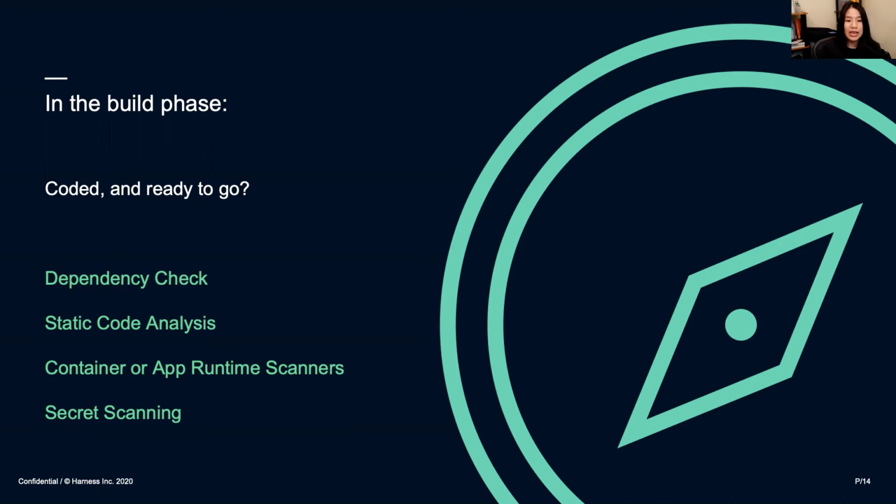There are also scanners after you've built the package, the code and packaged it. So you can have a container scanner or a runtime scanner that will also scan for security hacks. There are a lot of open source solutions, and I really enjoy the open source ones because they're vetted by people in the industry. They're vetted by security experts, right?